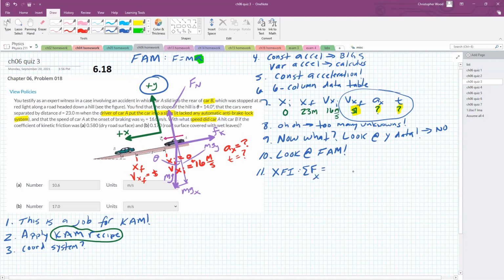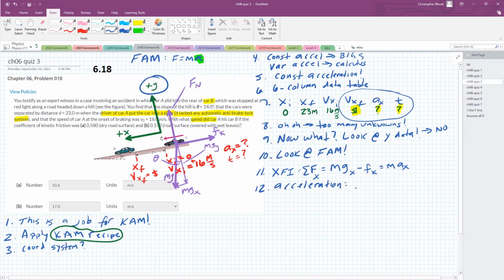This is where your free body diagram needs to be very accurate and complete. I've got MGX pulling the car down the ramp. Is that it? I suppose. And then I've got kinetic friction trying to stop that downward motion, equals MAX. The next thing you have to do is say something about acceleration.